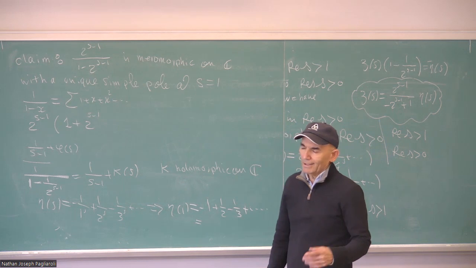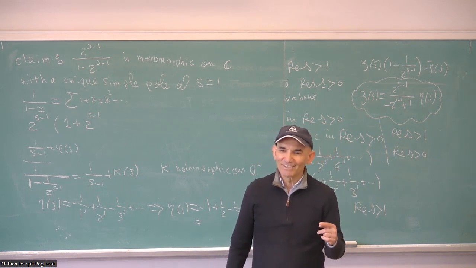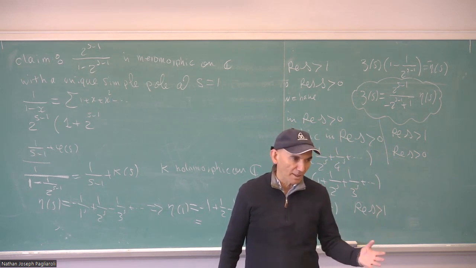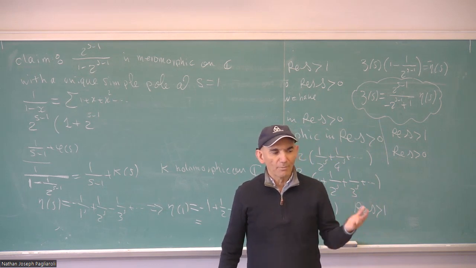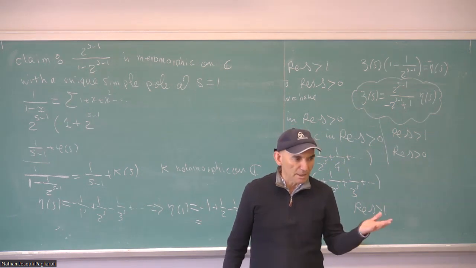Oh, sorry, I noticed I was watching the videos myself, and I have said ln in some places and log in some places. They mean the same thing. In higher mathematics, you never say ln, you always say log, and you mean base e.